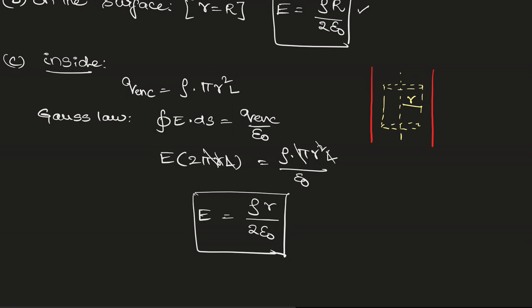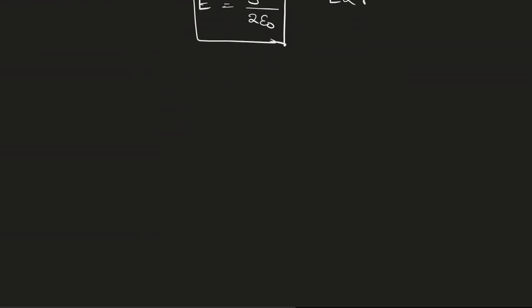So that at any point inside, electric field is directly proportional to r, and outside it is inversely proportional to r. So that we'll get a graph like this, or variation of electric field with respect to distance for infinitely long cylinder non-conducting.